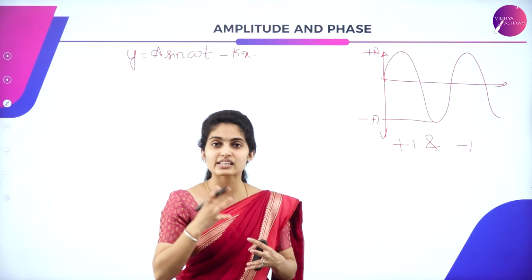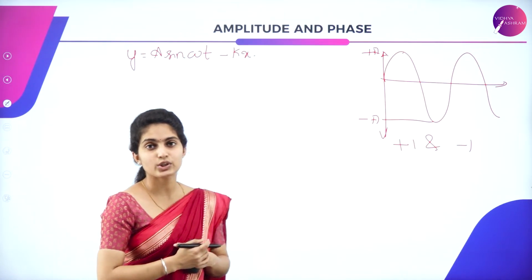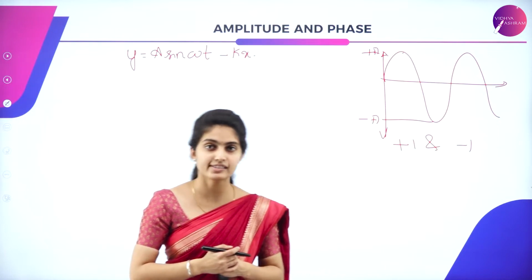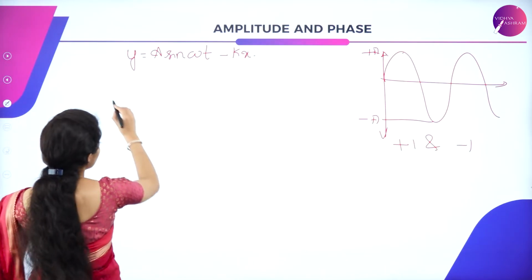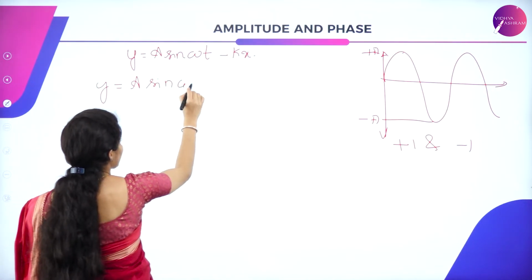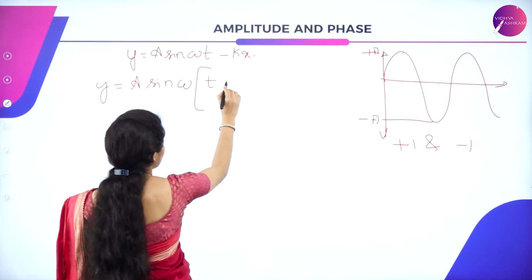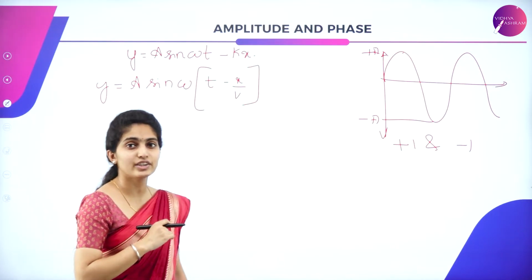When this is the case, we have the displacement equation as y is equal to a sine omega t minus kx. How are we getting this? By having the equation y is equal to a sine omega into t minus x by v, that is the vibration of the particle at a certain interval of time.